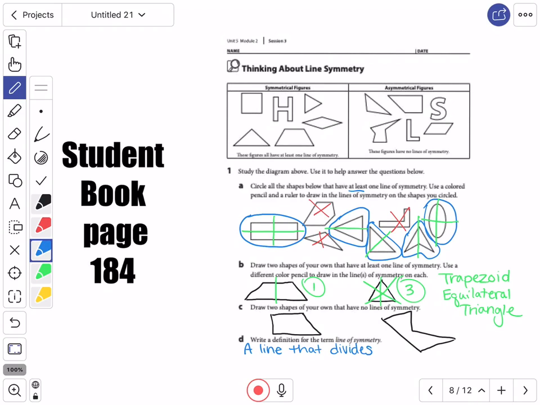And then, last but not least, write a definition for a line of symmetry.